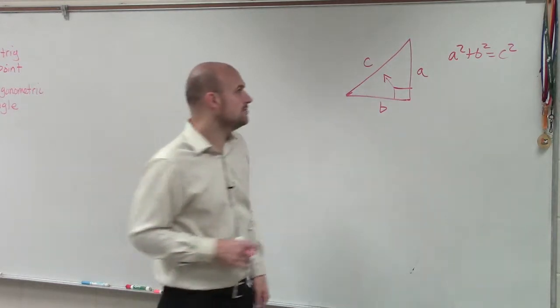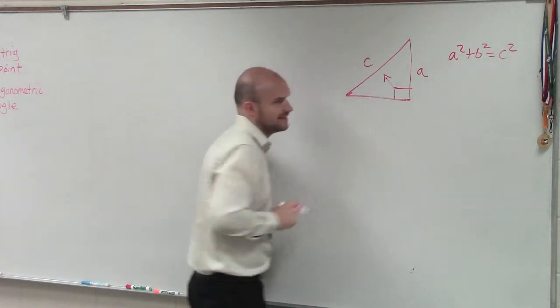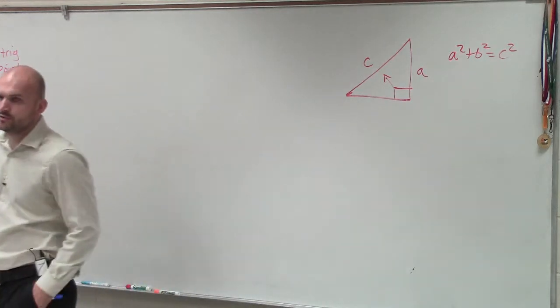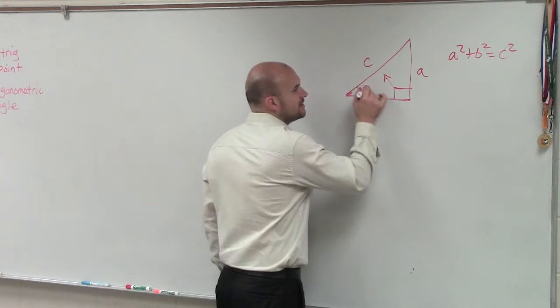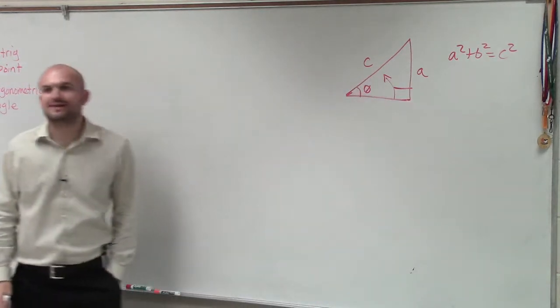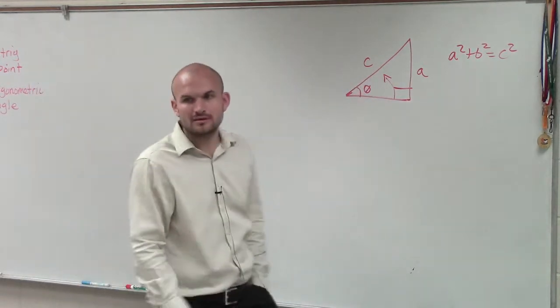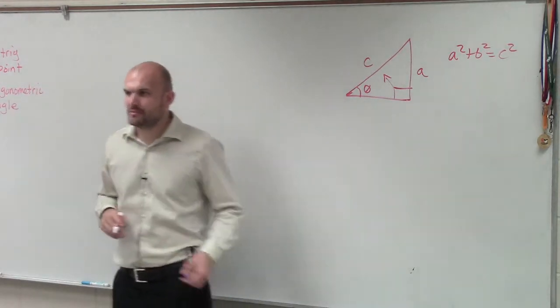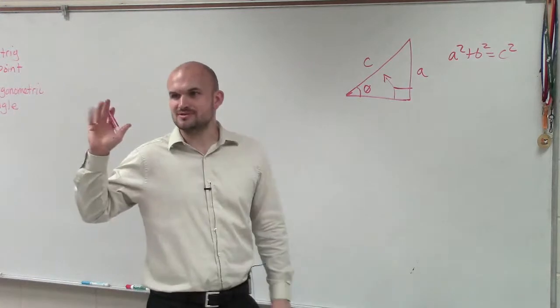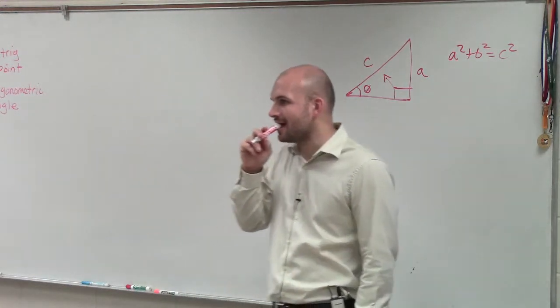But later on in the geometry course, they took away giving you all three sides. And instead, they started introducing an angle. So they say, what about if I give you a right triangle, but I only give you two sides this time and an angle? Does anybody remember what type of functions we used to solve a problem like that?